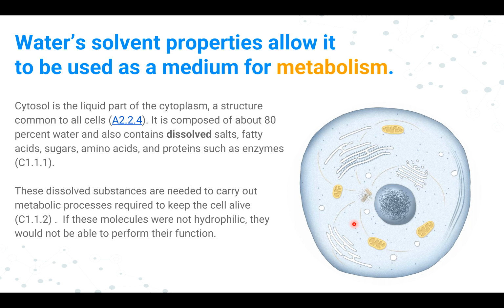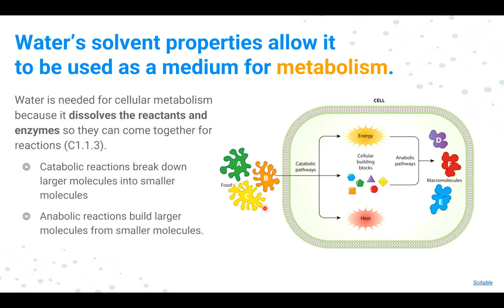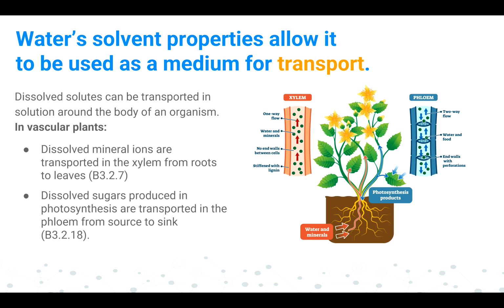Take an example of digestion. Digestion is a destructive process. We call them catabolic reactions. Respiration is a catabolic reaction, right? Water's solvent property allows it to be used as a medium for metabolism. Like I said, all anabolic and catabolic reactions occur due to this solvent property inside the cell.